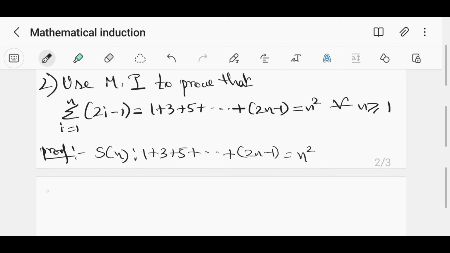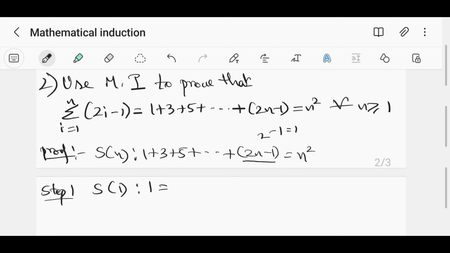What was our step 1? Step 1 was in place of n you have to put 1, S of 1, so that you get 1 is equal to, that is only one number you have to take. In place of n, if you substitute 1, what do you get? 2 into 1 minus 1, that is 2 minus 1, that is equal to 1. So that is your LHS.